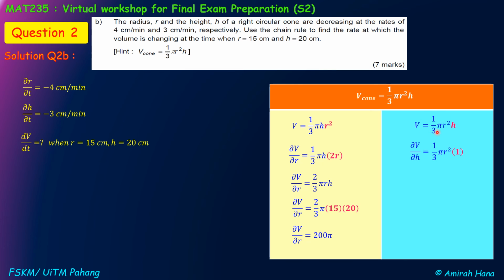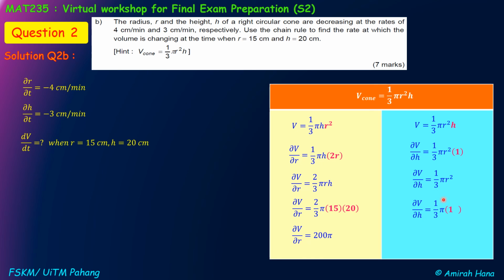But now we have a constant in terms of symbols, 1 over 3 pi r squared. We put all the constants in front and then differentiate h with respect to h equals 1. Then we simplify, so we still have 1 over 3 pi r squared. This is our del v over del h.